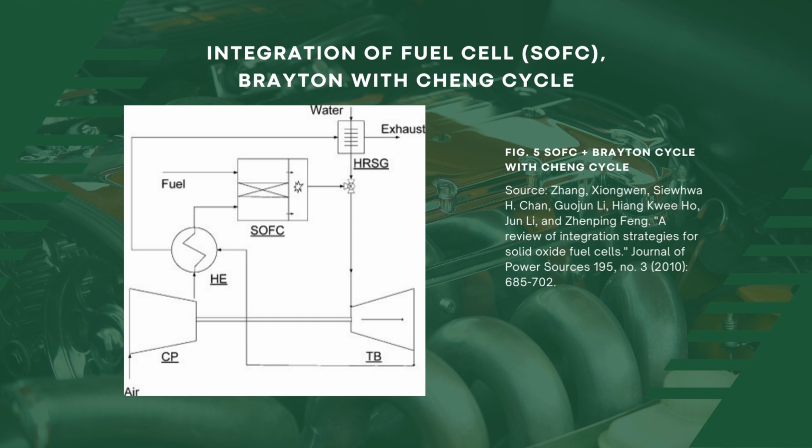In this configuration we have one air compressor, one gas turbine, one heat exchanger, one combustion chamber and one heat recovery steam generator, that is HRSG. The Cheng cycle is an exhaust heat recovery cycle specially designed to optimize the performance of the Brayton cycle. This figure shows the configuration of the Cheng cycle combined with the SOFC and Brayton cycle.